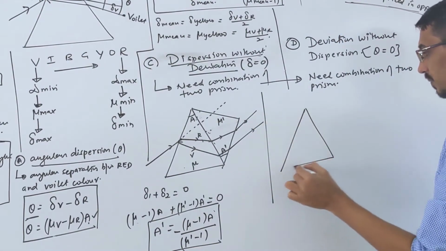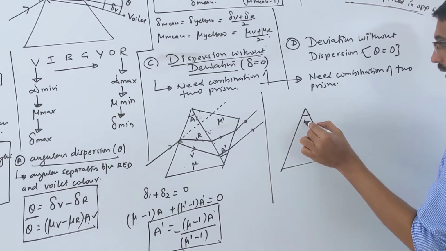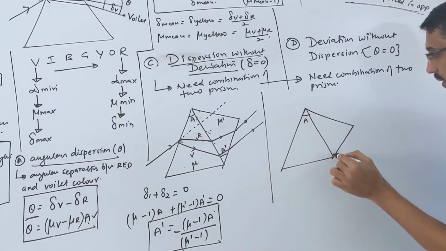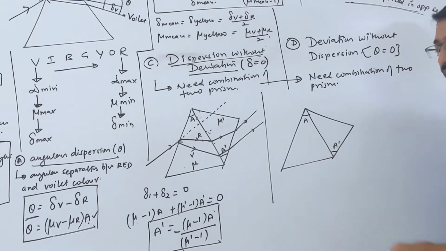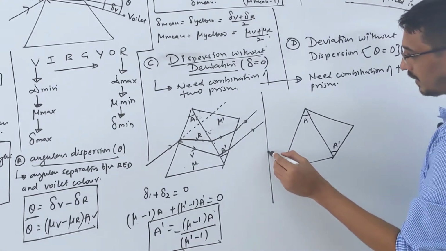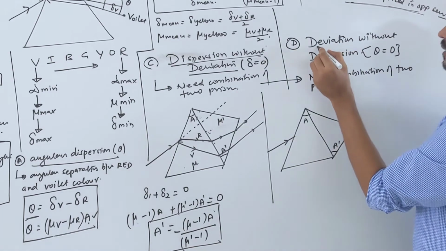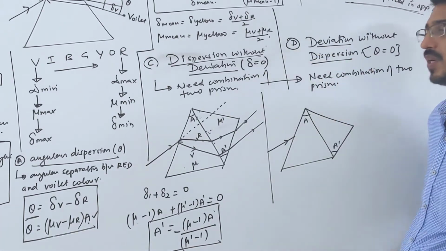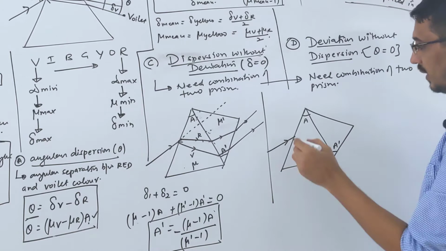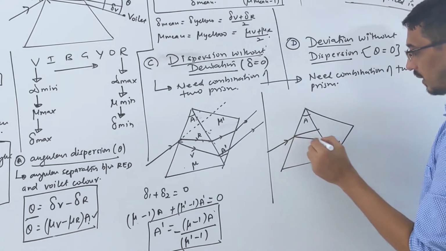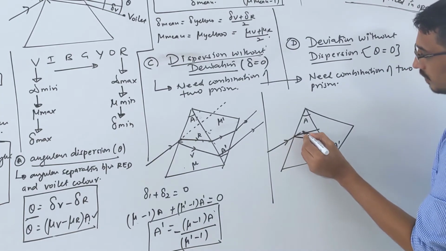This is one prism of angle A, and another prism is arranged here, let's say of angle A dash. Some light comes and is incident on this face. Now we want deviation, but we don't want dispersion, no splitting of colors. When it hits here, light will split into colors like this. This was the original direction.